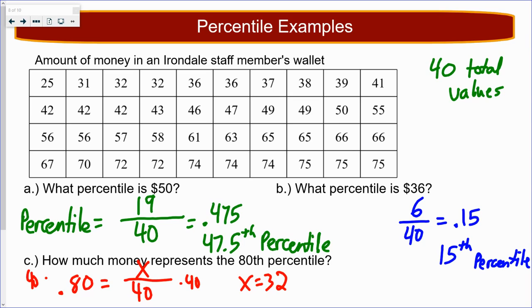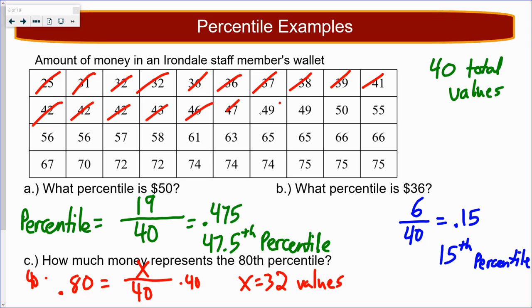Because remember, percentile is the number of values that are at or below a specific value. So we need to count up 32 numbers to find how much money. 1, 2, 3, 4, 5, 6, 7, 8, 9, 10.